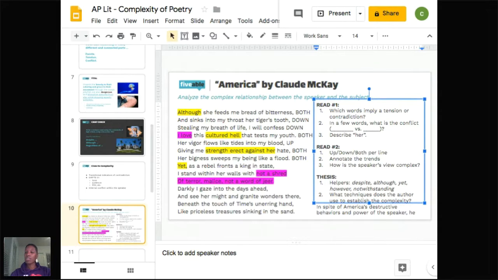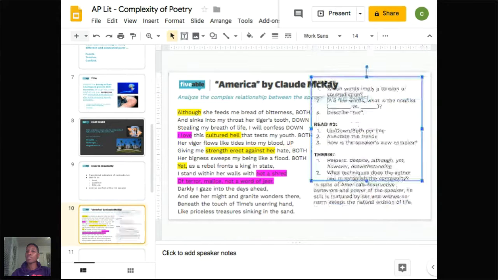We're going to call him he still is nurtured by her and wishes no harm except the natural erosion of life. I know that went off the, well, I'll pull it up so that when I go back into presentation, it'll be there.